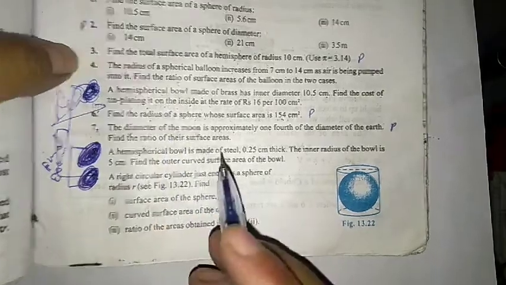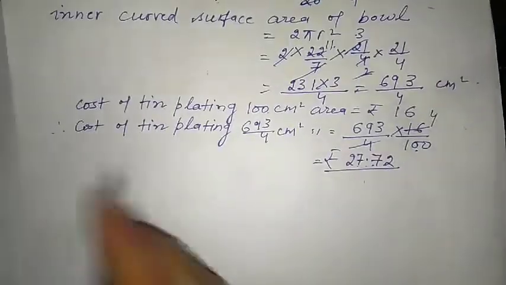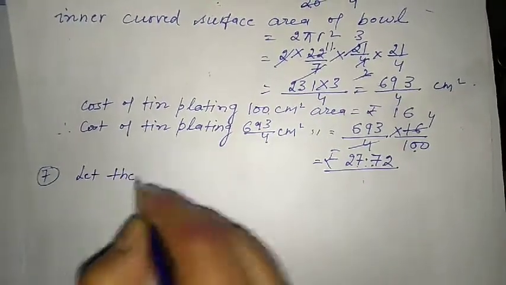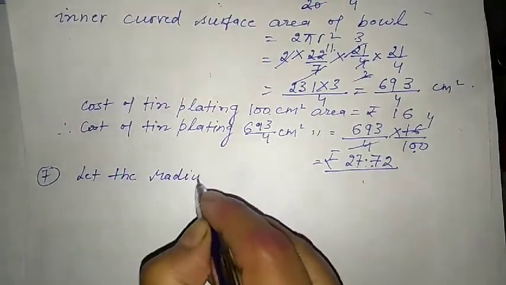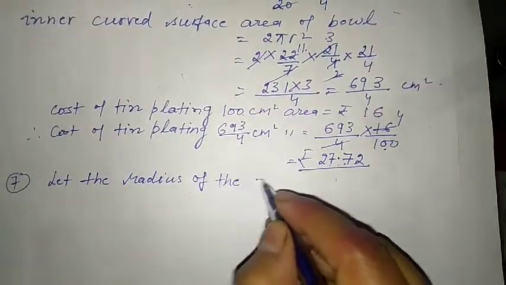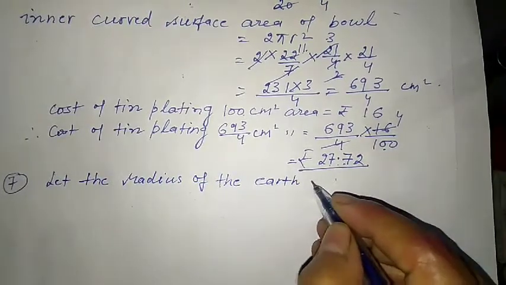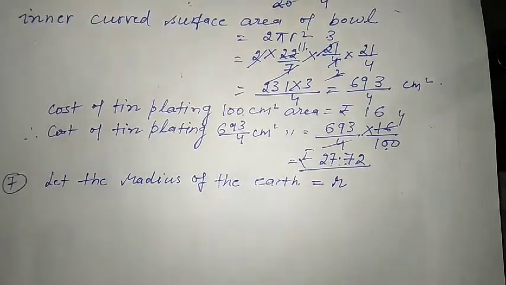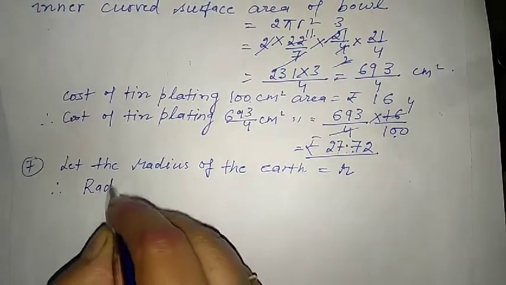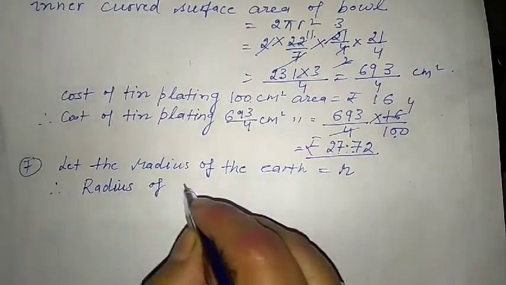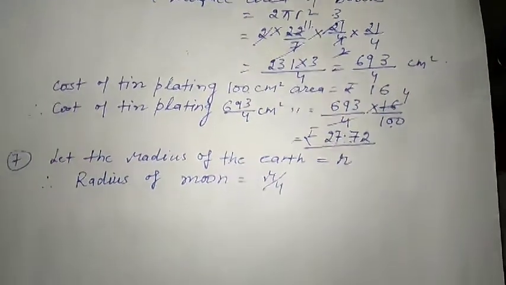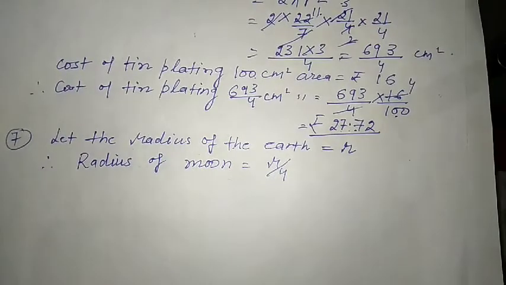The diameter is given here, so let, seventh question, we have to let the radius of the earth, suppose this is equal to r. So radius of moon, it is given, it is 1/4 of the radius of the earth, so this will be r/4.